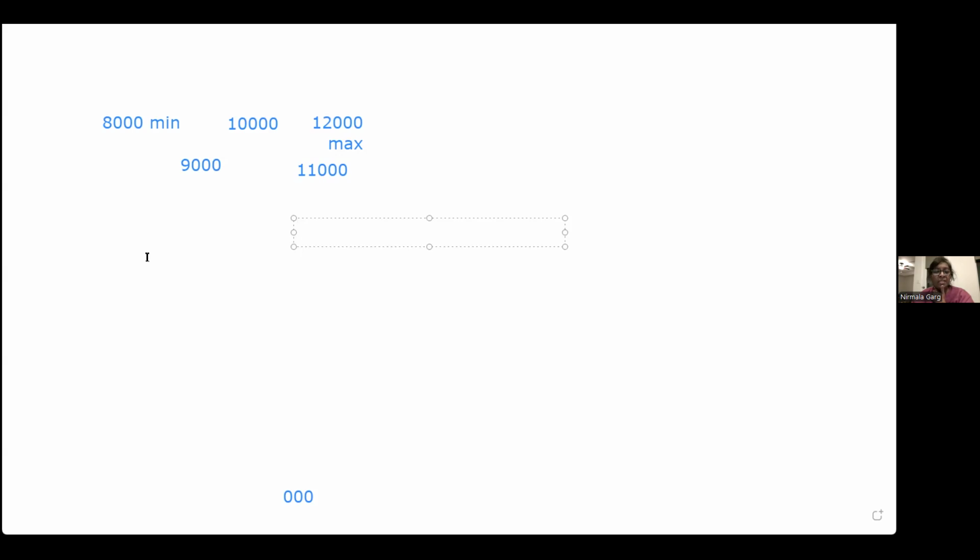So what do you think will be the spread? How much will be the spread?